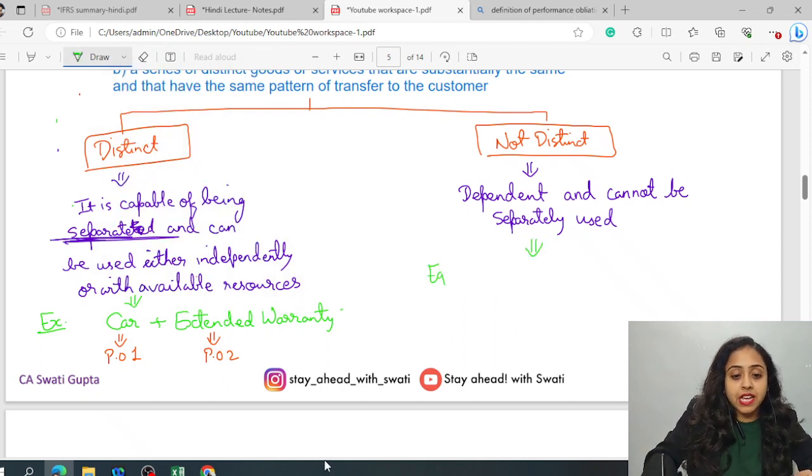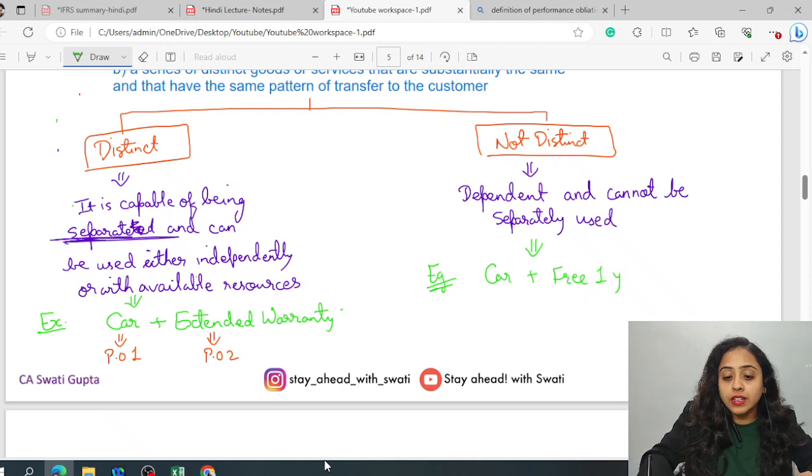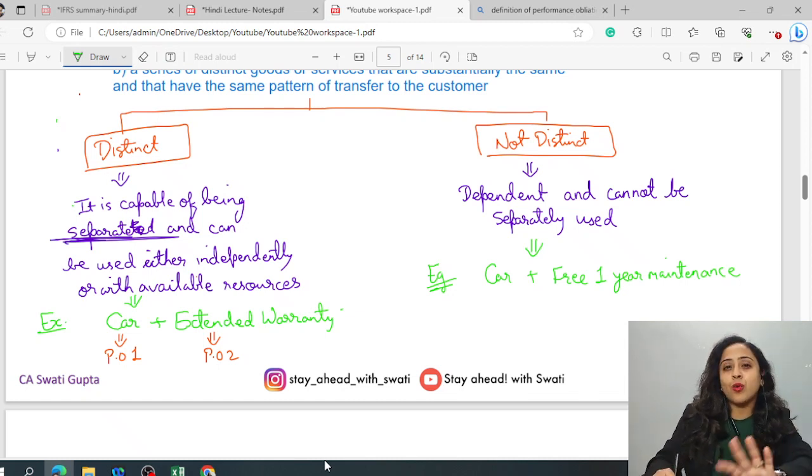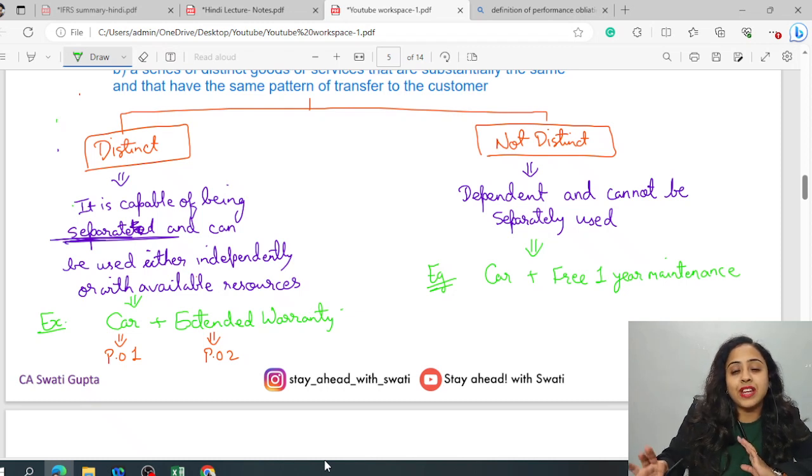Let's take an example: a car plus free 1 year maintenance service. Now, it comes along with the car. The buyer does not have any choice or option either to buy the 1 year maintenance or not. It comes along with the car. Also, the buyer cannot say, please leave the car, only give me the free 1 year maintenance.